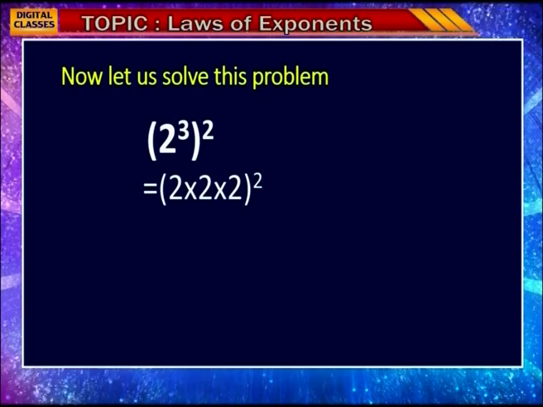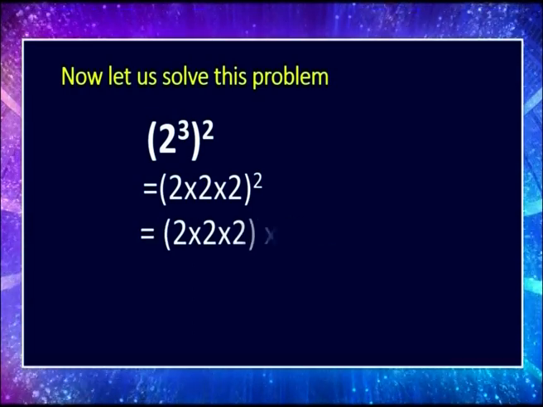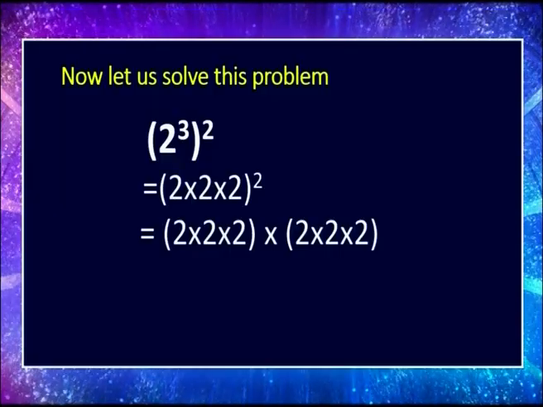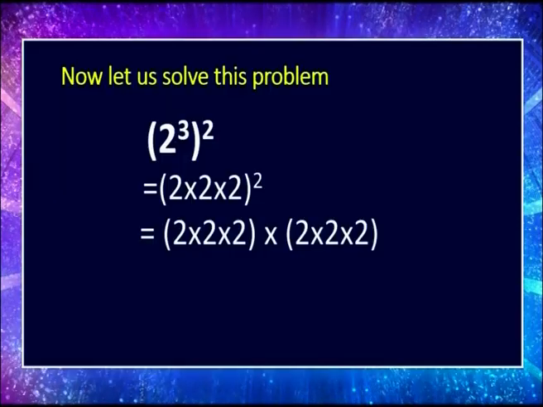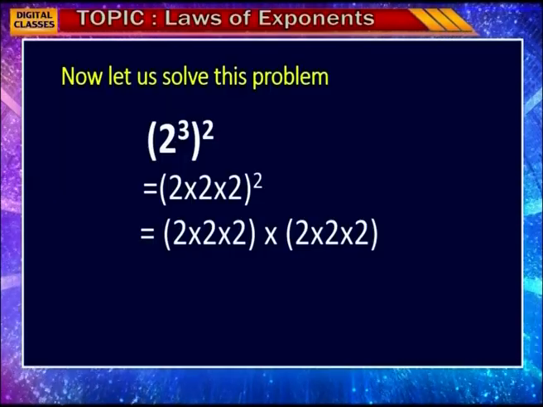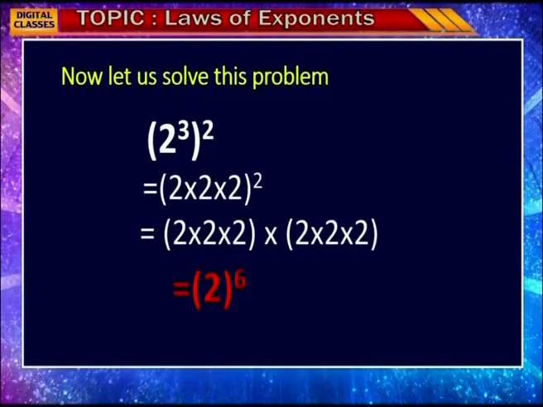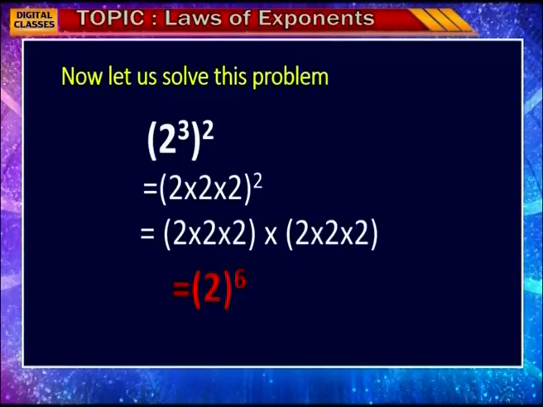Bracket should multiply how many times? 2 times, like this. That is, the bracket which contains 2 into 2 into 2 should repeat how many times? 2 times. Now, how many 2's are there? There are 6 2's. So, the answer is 2 to the power of 6.